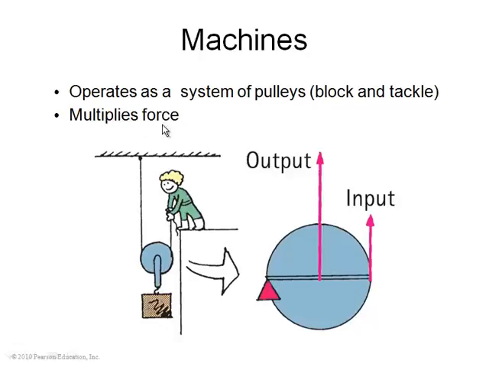So this is an example of multiplying a force. Because it's attached in 2 places, the input force is half as much as the output force. And if you think about it, as she's moving it, she's only going to move it half the distance because the rope is wrapped around it.